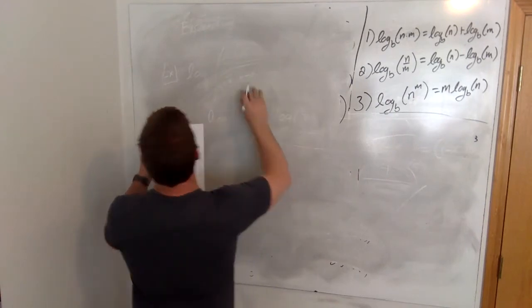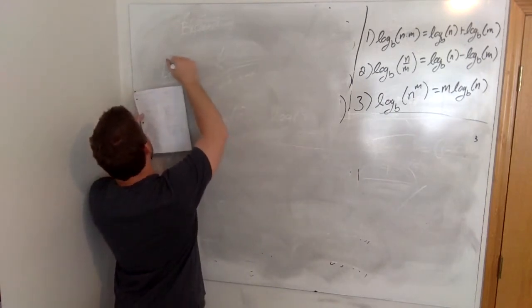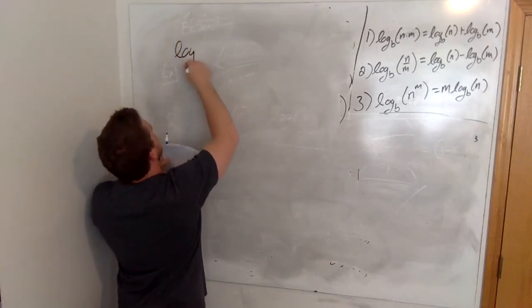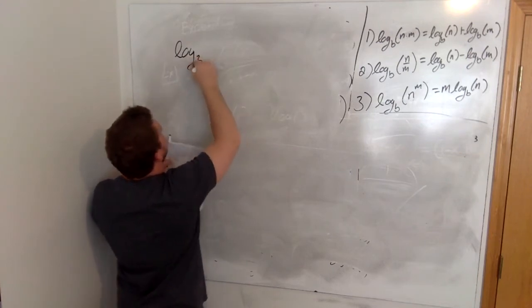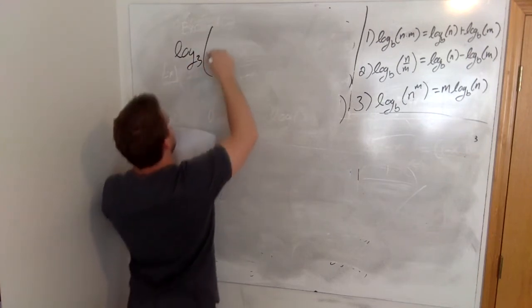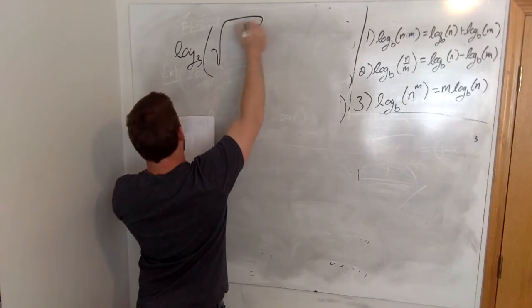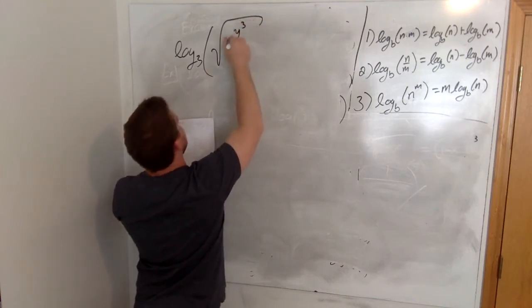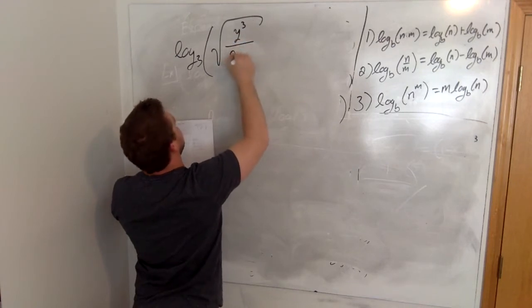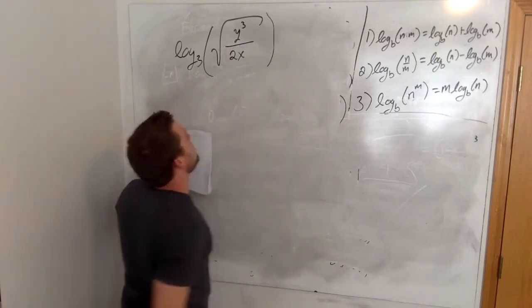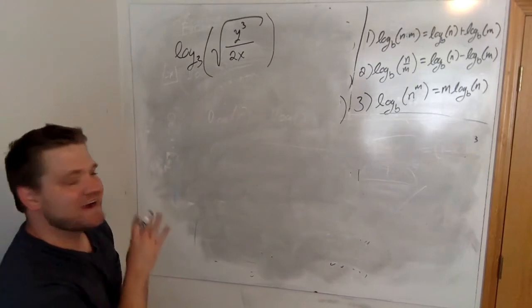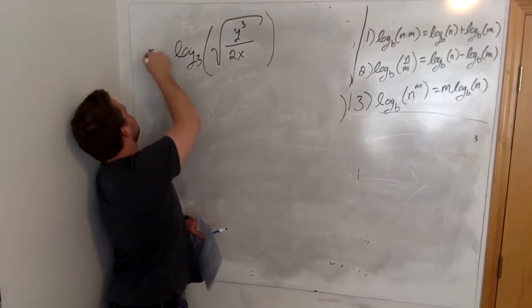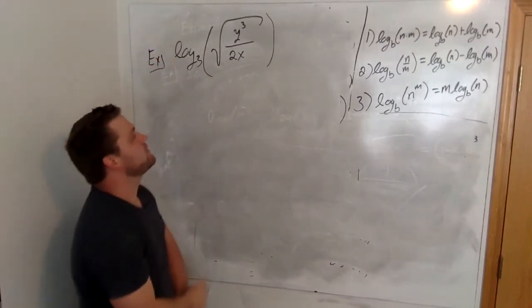Let's say we do, how about log base 3, how about of the square root of, how about y cubed all over, how about 2x. Go ahead and pause the video and give a shot at expanding this right here. Go ahead and expand.